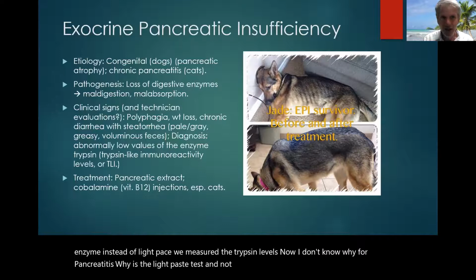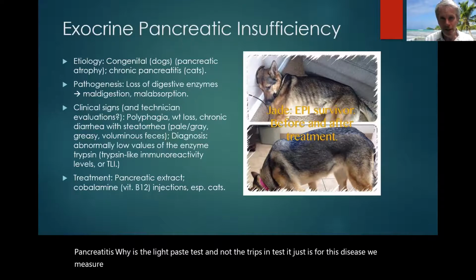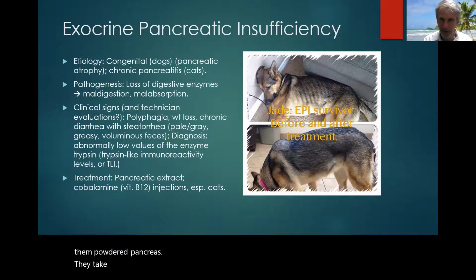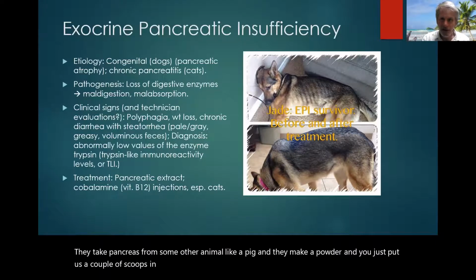It just is. For this disease, we measure trypsin levels, and they will be really low. How do you treat them? Basically, you feed them powdered pancreas. They take pancreas from some other animal, like a pig, and they make a powder, and you just put a couple of scoops in their food, and then these patients will just thrive.